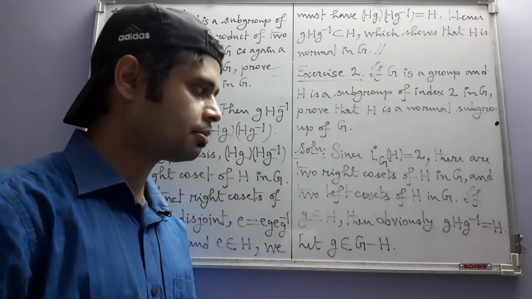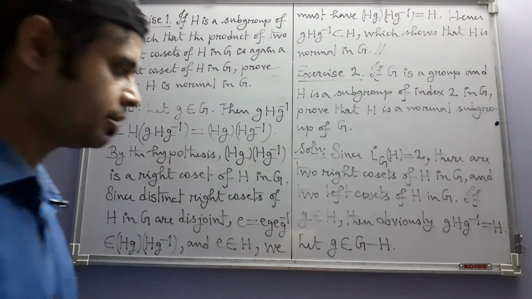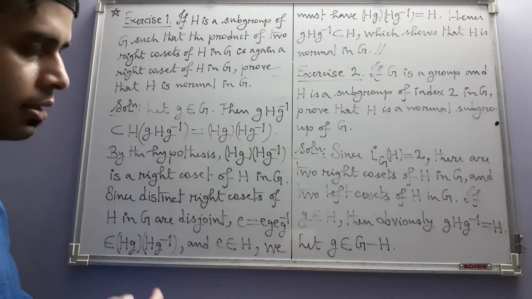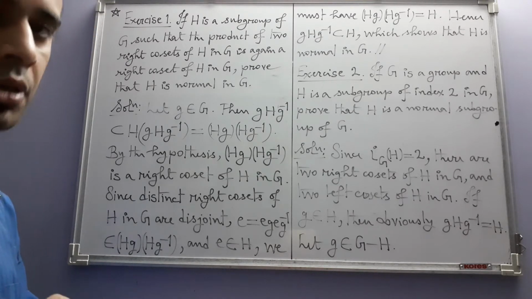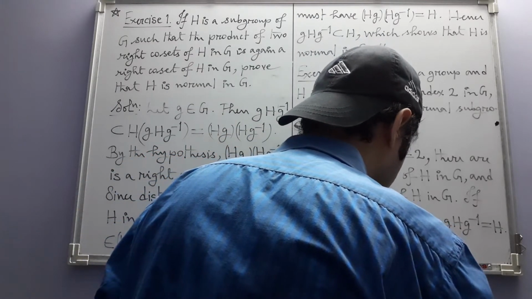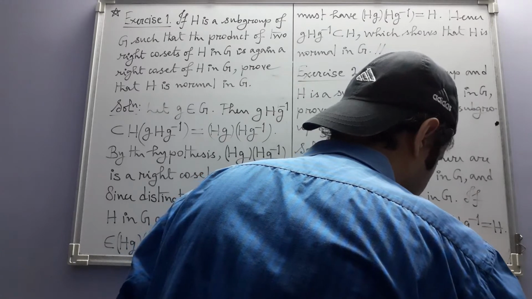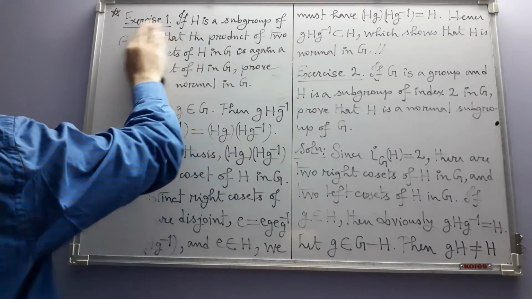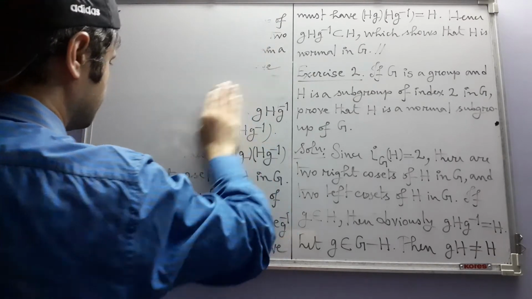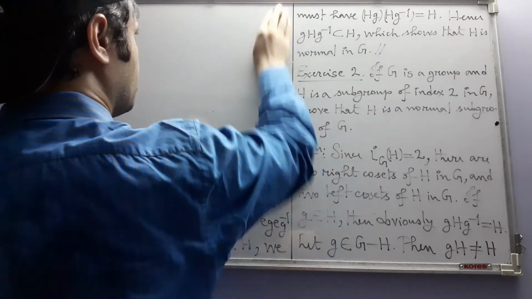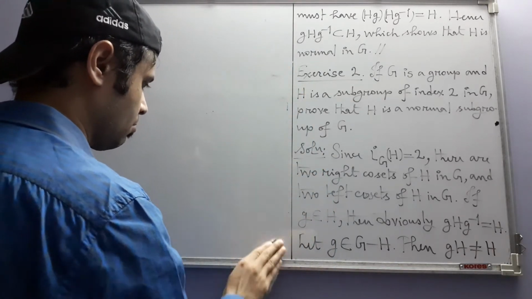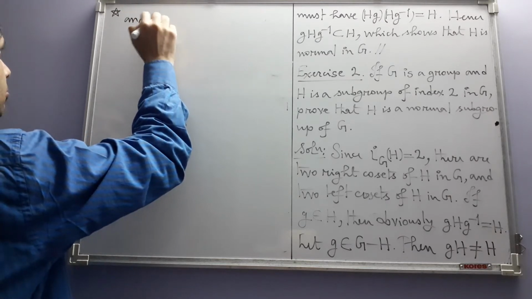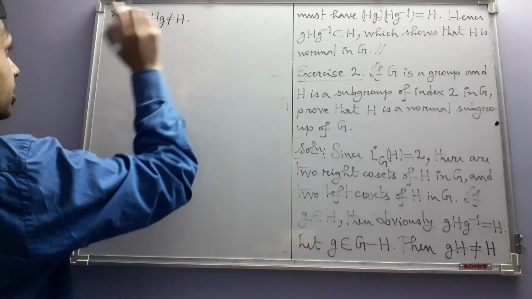If for this element also we can prove that gHg inverse is equal to H, then H will be normal in G. But since we are taking this g from outside of H, the left coset gH and the right coset Hg will both be different from H. Then the left coset gH is not equal to H, and the right coset Hg is also not equal to H.